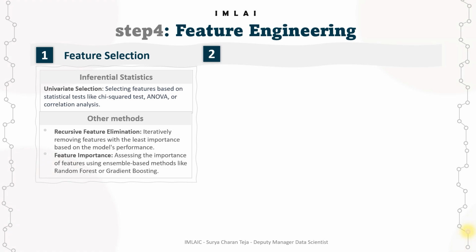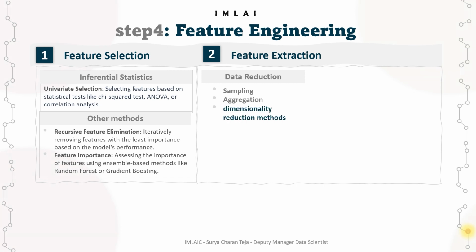The second section is feature extraction. Under feature extraction, we will be using techniques such as data reduction. Data reduction includes sampling, aggregation, and dimensionality reduction methods. We use these methods heavily to reduce the number of features.